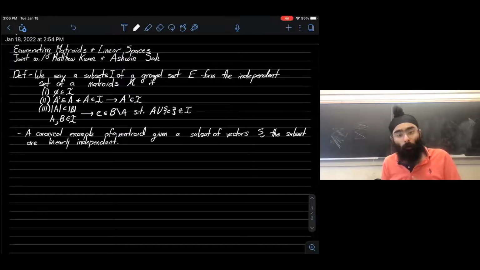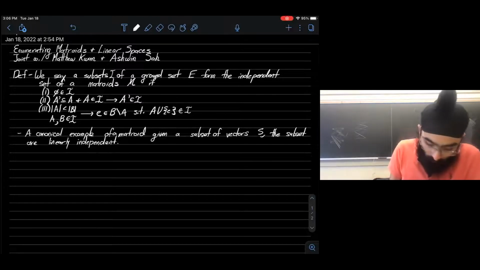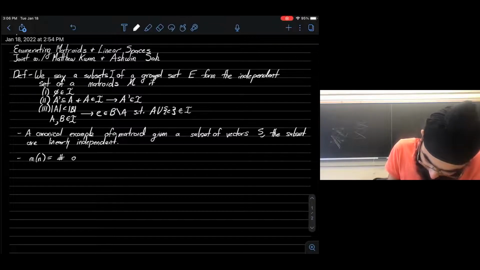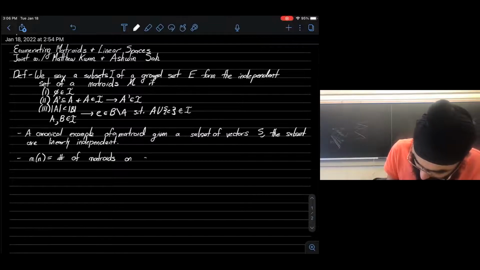And so the problem we'll be concerned with today is, given a ground set of size n, how many matroids are there? Let M_n be the number of matroids on a ground set of size n.